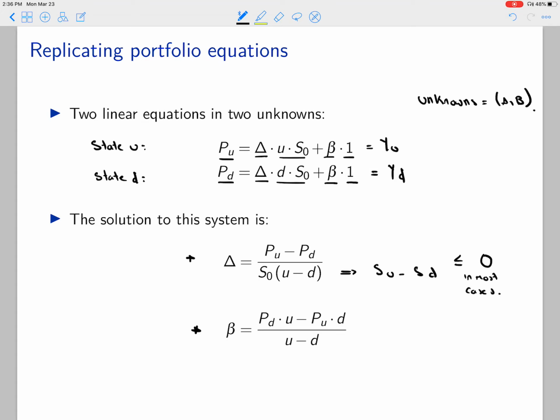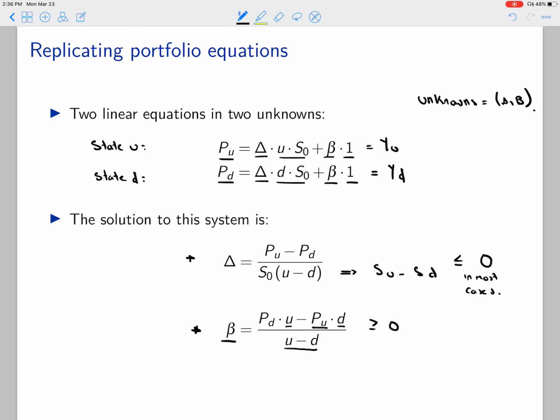In the second case, what do we have? Beta describes the number of bonds we need to own in the replicating portfolio. The equation that equates the replicating portfolio to the put payoff is equal to P sub D, the payoff to the put in the down state, multiplied by U, the gross rate of return in the up state, minus P sub U, the payoff to the put in the up state, times D, the gross rate of return in the down state, all over U minus D. In most cases, this is going to be greater than or equal to 0.